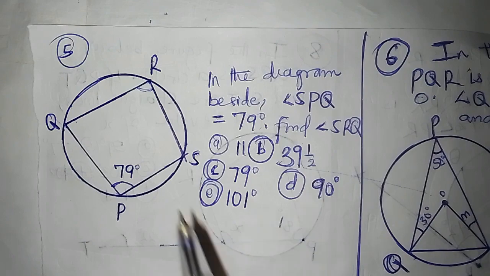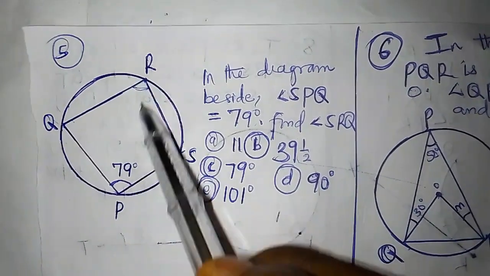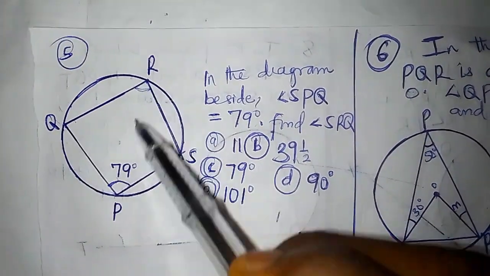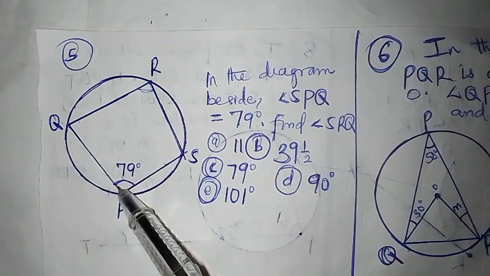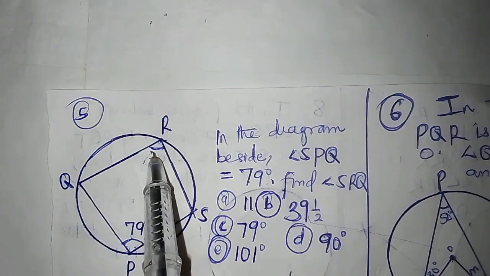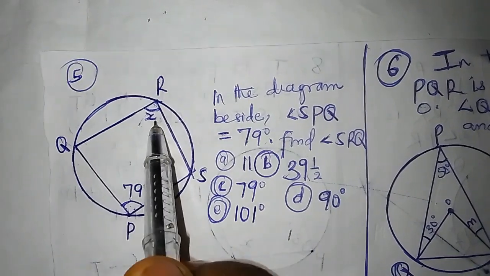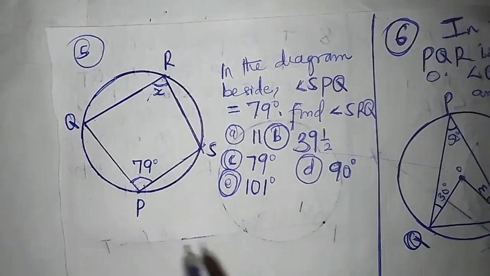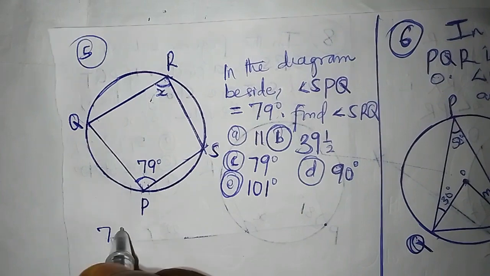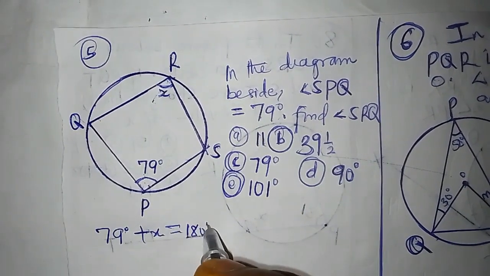I know that this is a cyclic quadrilateral, and opposite angles, they are facing each other, are supplementary. If I call this angle X, it means that 79 plus X will add up to 180. So 79 plus X is equal to what? 180 degrees.